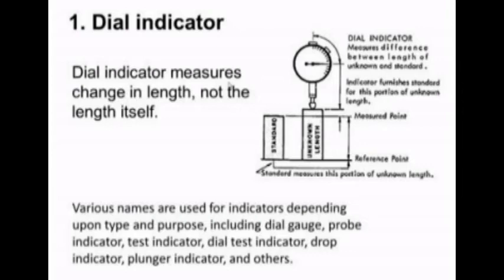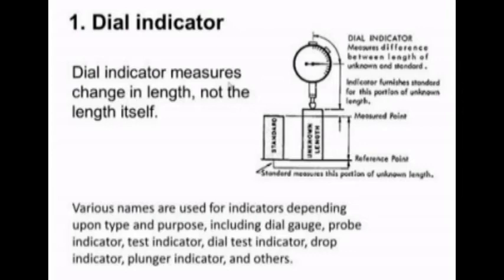Say we want a desired height of 10 mm. So this is the basic dimension. Then we use the slip gauge of 10 mm dimension. We keep it between the plunger and the table, that is the reference point, and we get the dial indicator to read 0. We adjust the height of the dial indicator so that it reads 0.